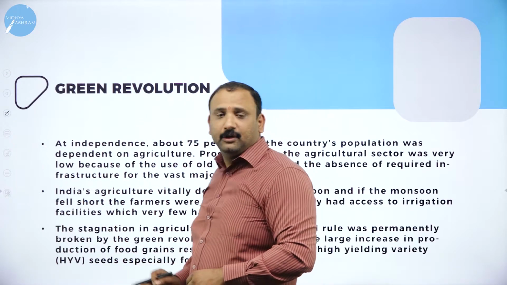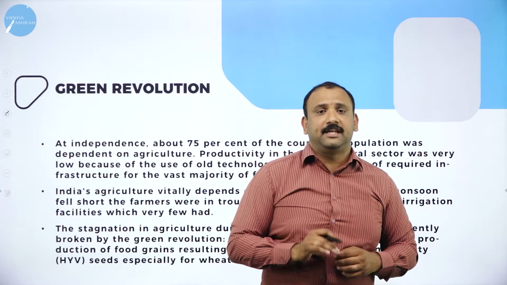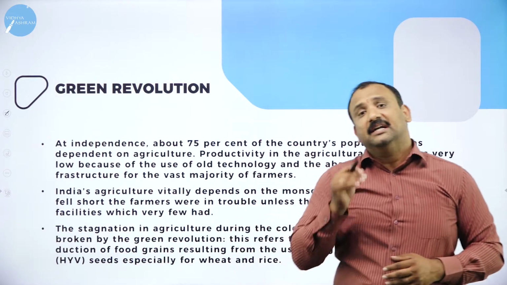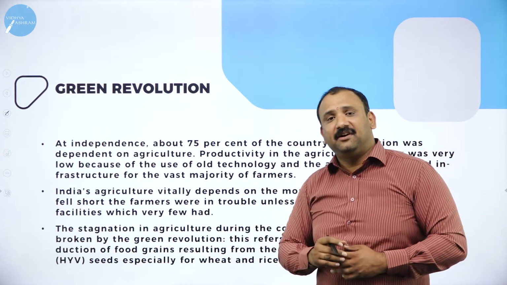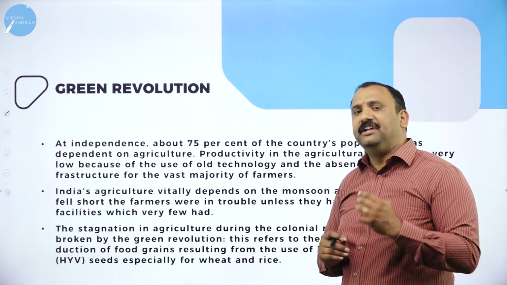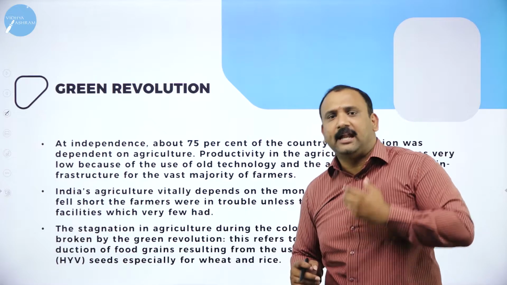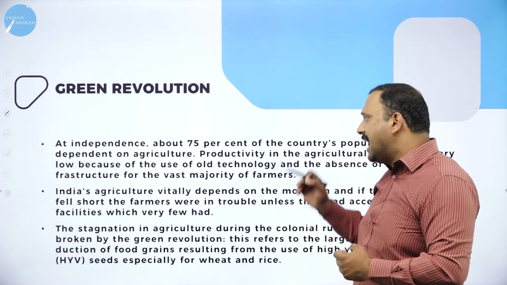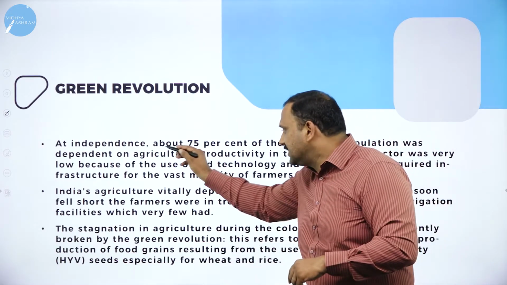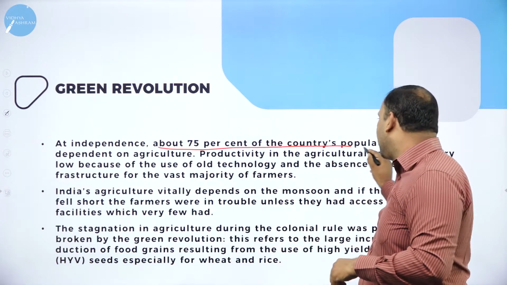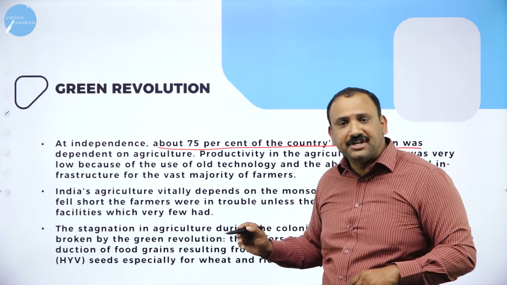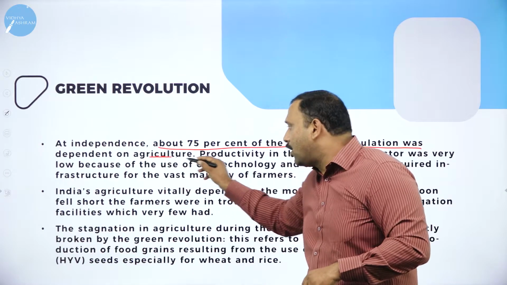the Green Revolution, one of the most interesting and important factors that happened in Indian agriculture. What was the reason for the Green Revolution? Why was agriculture taken as a priority, and how did we bring in the Green Revolution? At the time of independence, about 75% of the country's population was dependent on agriculture.